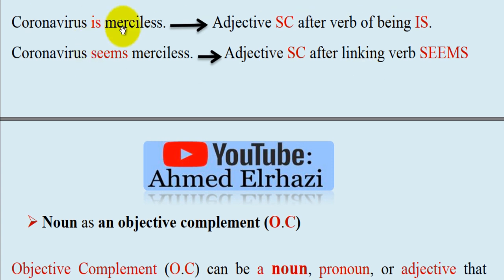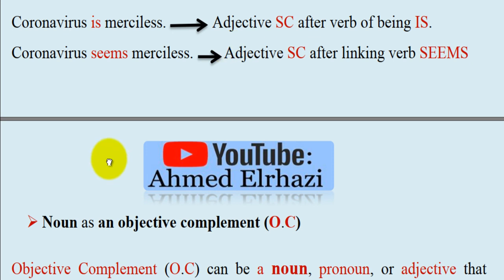Coronavirus is merciless. Here, an adjective, merciless, an adjective that serves as subjective complement after verb of being is. Coronavirus seems merciless. Merciless again, an adjective that serves as subjective complement after linking verb seems or appears or smells or whatever.